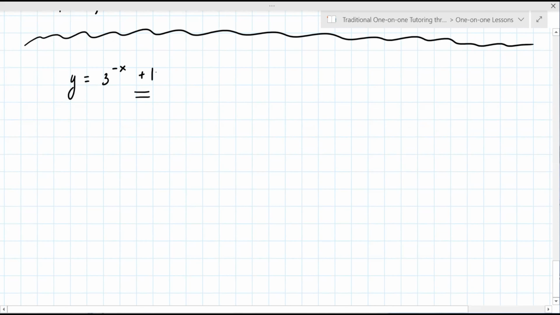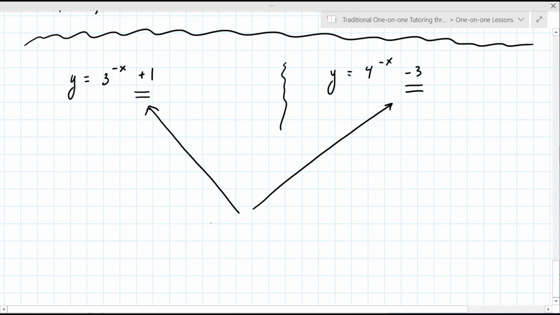If you're adding, and over here it's y equals 4 to the minus x minus 3, or subtracting, whatever this is right here, this is your horizontal asymptote. So this one on the left is y equals 1, and this one on the right is y equals -3.